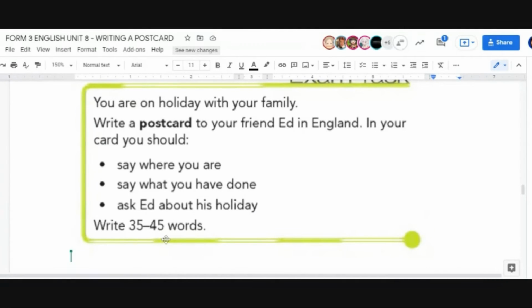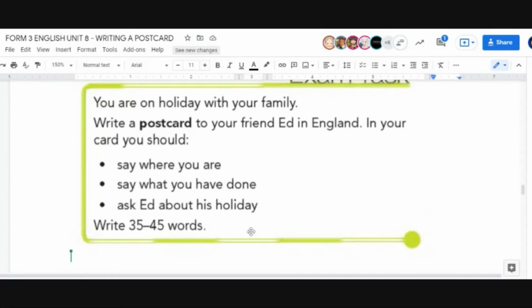Write 35 to 45 words. Okay, the number of words here is just a guideline for you. That means you don't write too long. We don't encourage you to write too long for a postcard or email. But don't worry, you don't have to count the number of words you write.